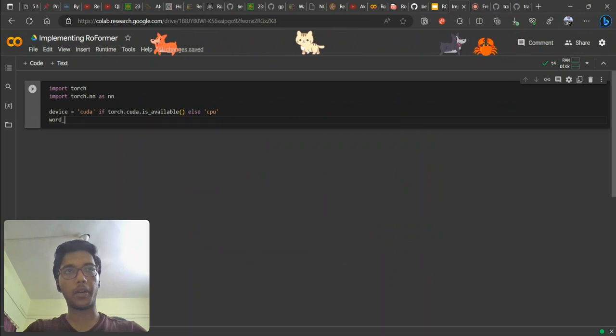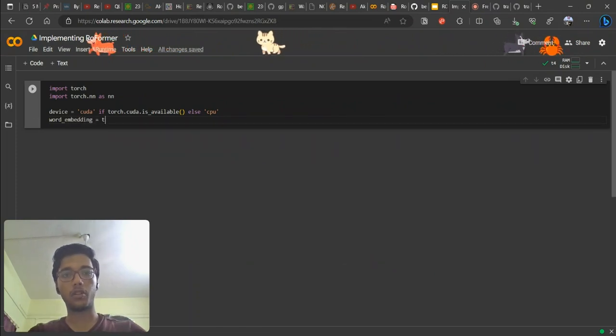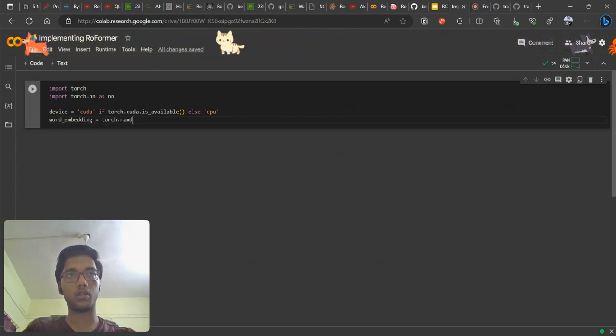The basic assumption is that the word embedding we have is of the shape batch, sequence length, hidden dimension.